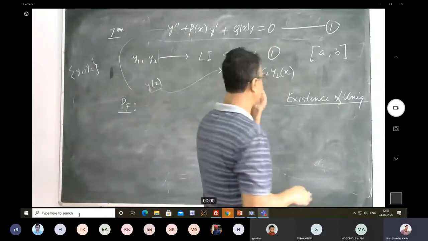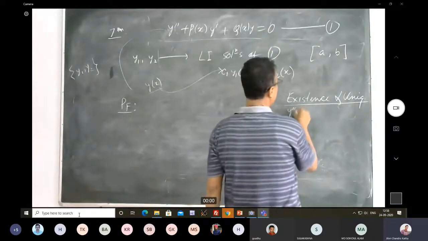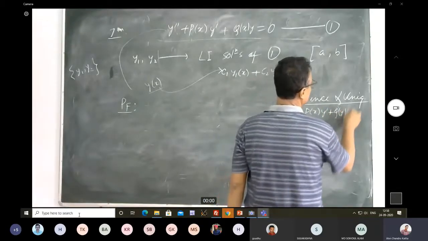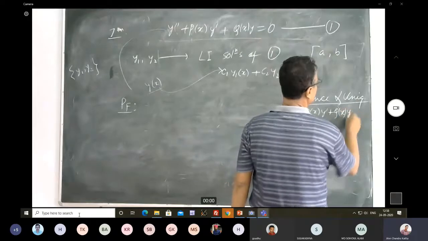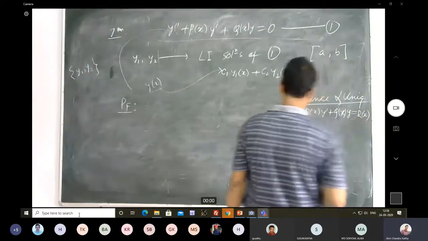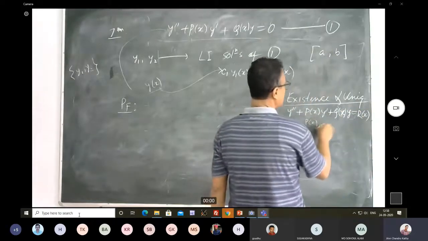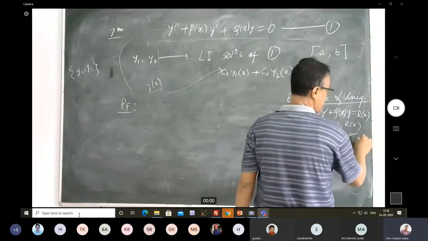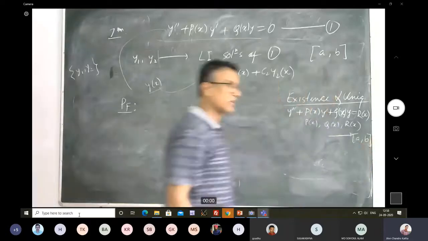So what does it say, if you recall, I had something like this. First, I assume that P(x), Q(x), R(x), they were continuous in (a, b), right?